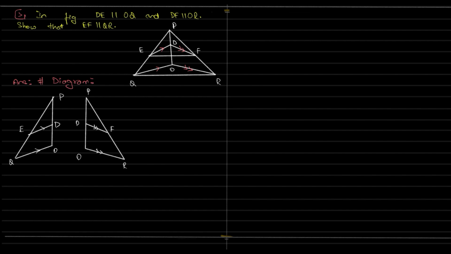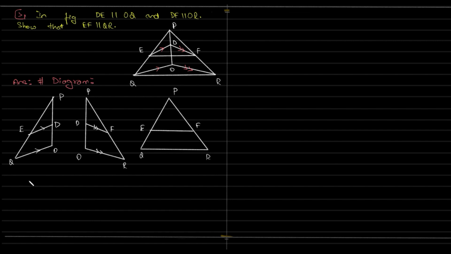In which triangle are we looking at? We're looking at triangle PQR, and the side which is parallel to the third side is EF. We have to prove these two are parallel.